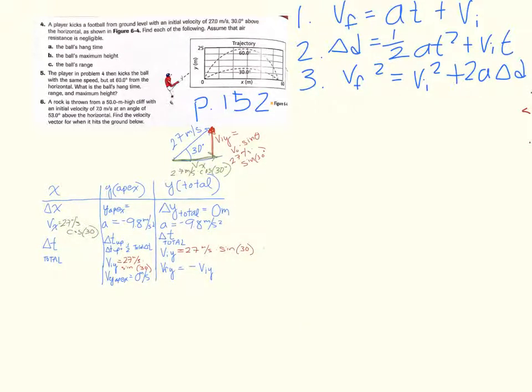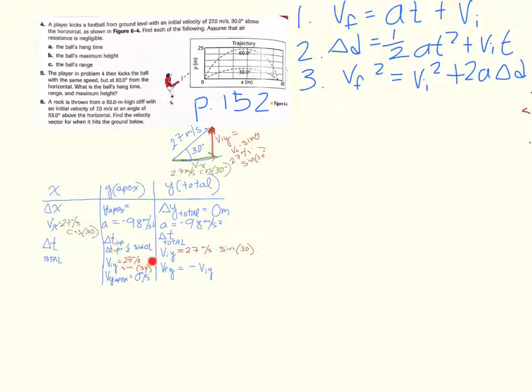When I talk about the ball's maximum height, what they're referring to is the apex. So if I want to find that apex, looking at my equations 1, 2, and 3, I could use 2 or 3. I know the total time, but I know that time up to the apex is 1/2 of that.